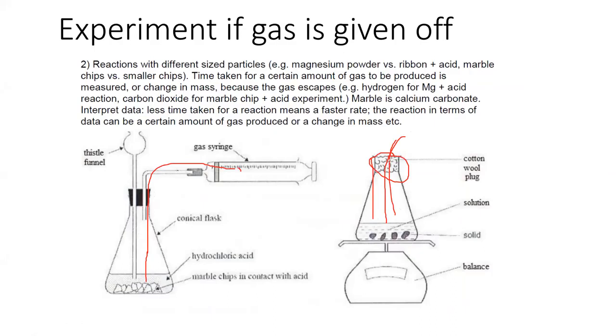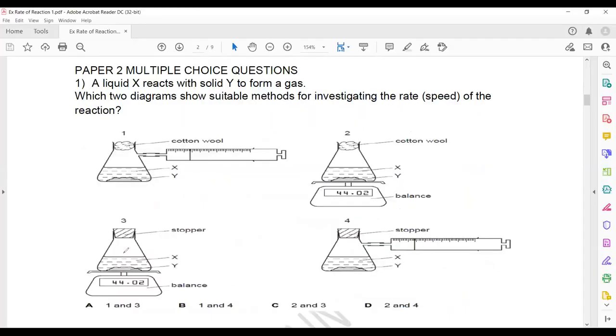If you don't want the gas to escape, then you place a stopper. So why was the third one not correct? Because in that one they placed a stopper, so the gas will not escape and will remain in the flask. That's why the mass will not change. So we cannot measure by using 1 and 3. Only 2 and 4 can be used. That's why D is the right answer. Is it clear?